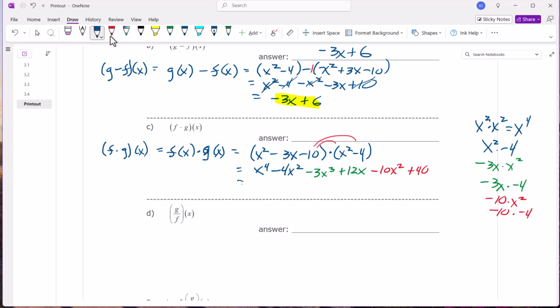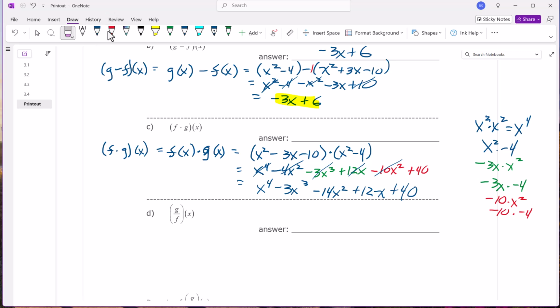So now we look for like terms. So x to the fourth comes down, 3x to the third comes down. I'm putting these in a descending order. Like terms on the x squared would give you negative 14x squared. And then we have a 12x. And then we have a plus 40.